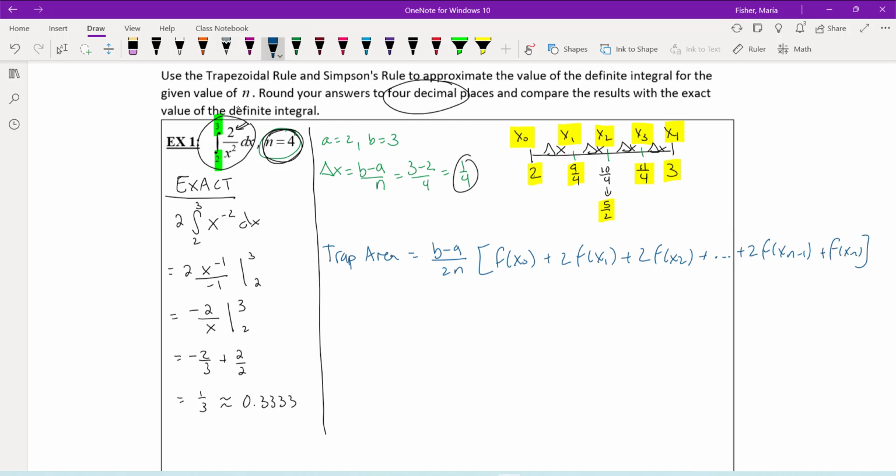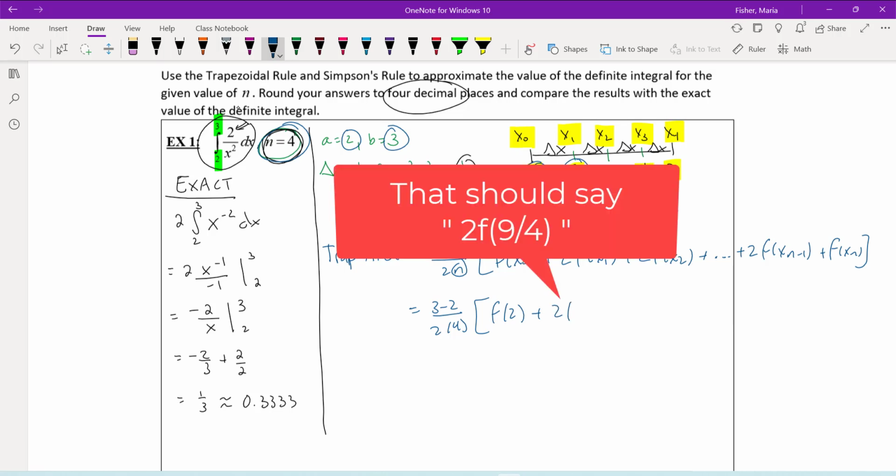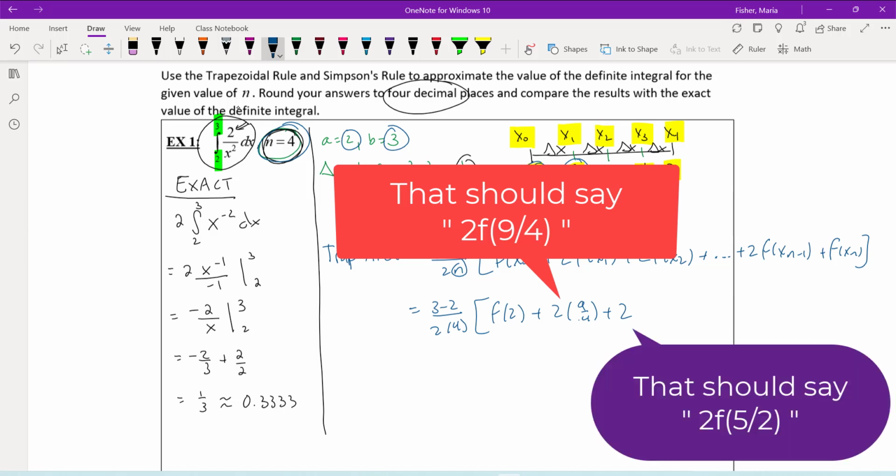In this case, we know that we are going to use (3 minus 2) over (2 times n), which is 4. And then it's going to be f of x naught, which is 2, plus 2 times f of x sub 1, which is 9/4, plus 2 times f of x sub 2, which is 5/2, plus 2 times f of 11/4, and then finally plus f of 3.